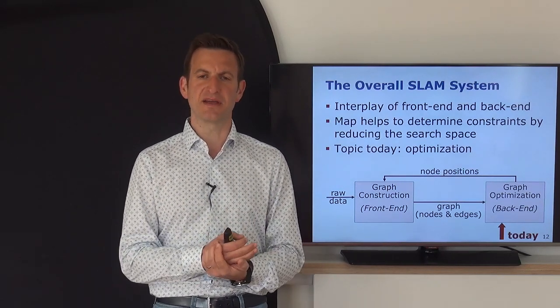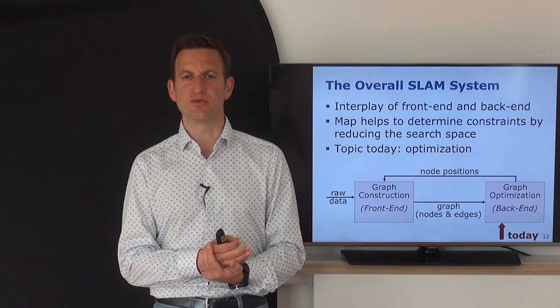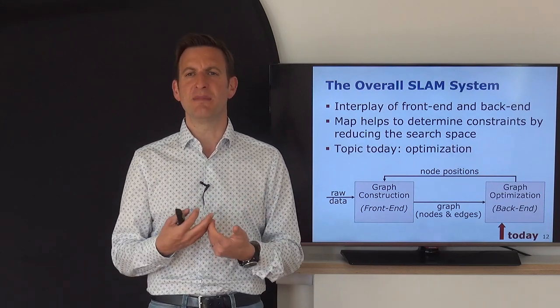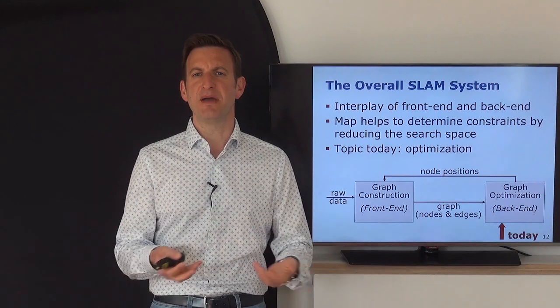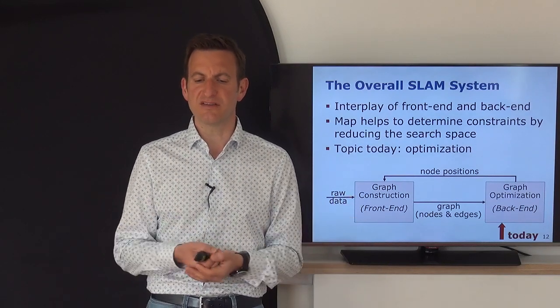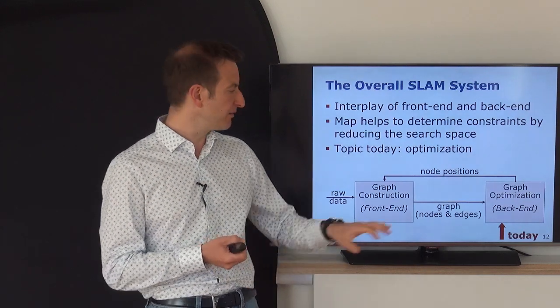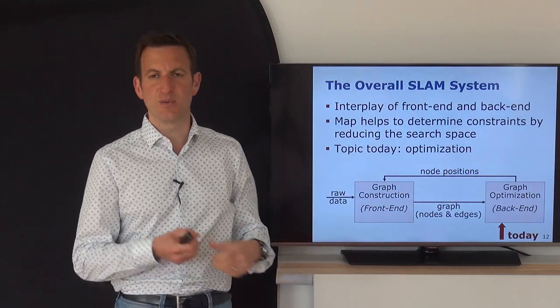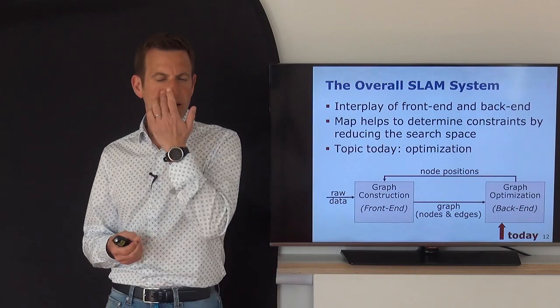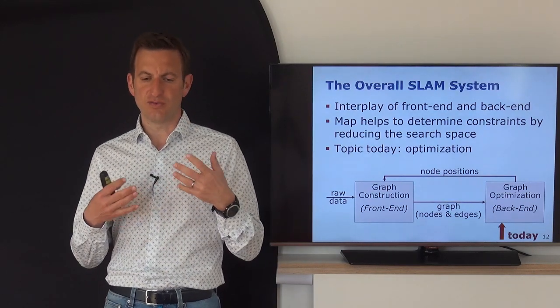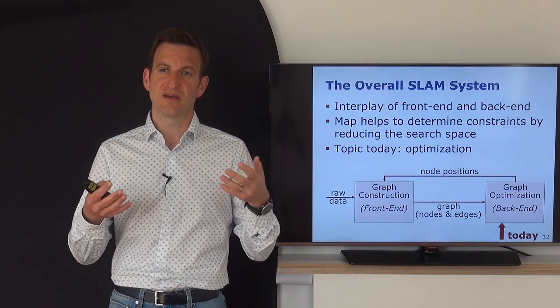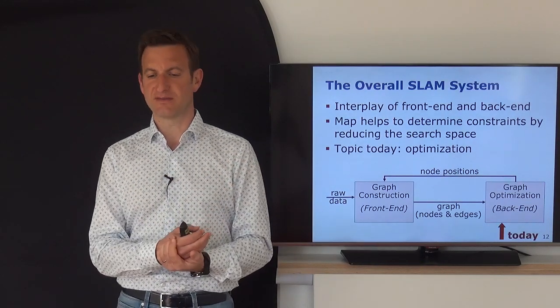And there's a little bit more to that than just vanilla ICP in order to do that well, but for the moment you can imagine we are running an ICP based on a laser scanner, for example, which gives us the relative transformation between poses. This is the front end part here, and we are using this raw data or this constraint data in order to build the graph and represent the graph and optimize that graph.